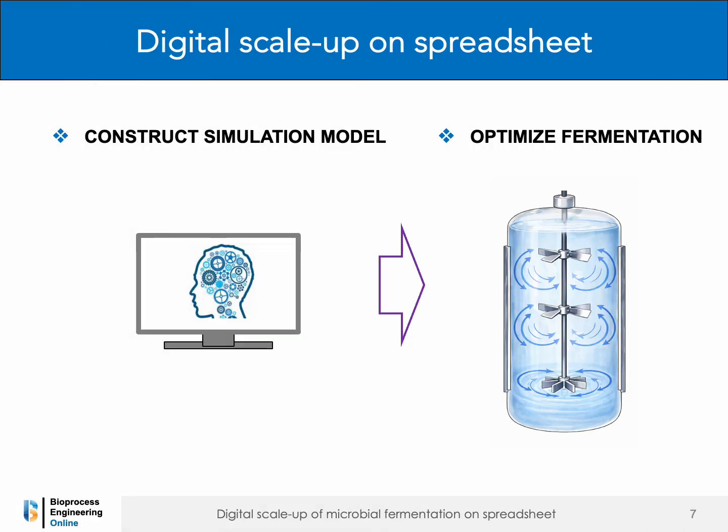The tutorial series explains how to implement the digital scale-up approach using spreadsheets. For each of the three operating modes, batch, continuous, and fed batch, it is organized into two main steps. First, building a simulation model of the industrial fermenter, and second, using this model to optimize its operation.